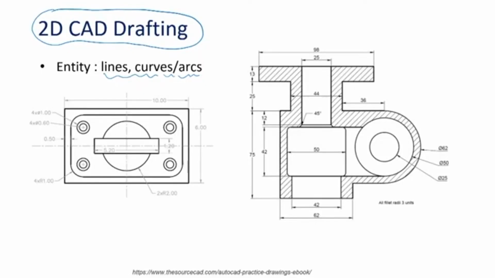In 2D CAD drafting, we are generating 2D drawings which are made up of lines, curves and arcs, and these drawings are giving us certain information. The information is about the shape and size of the product, but it is in a two-dimensional format.